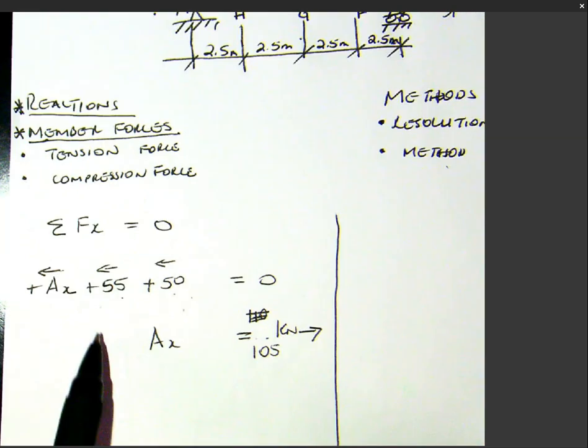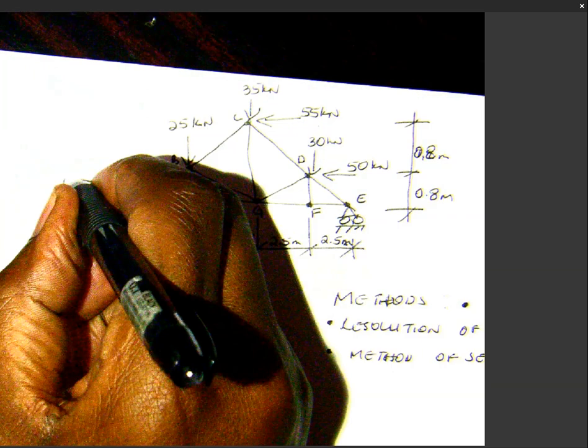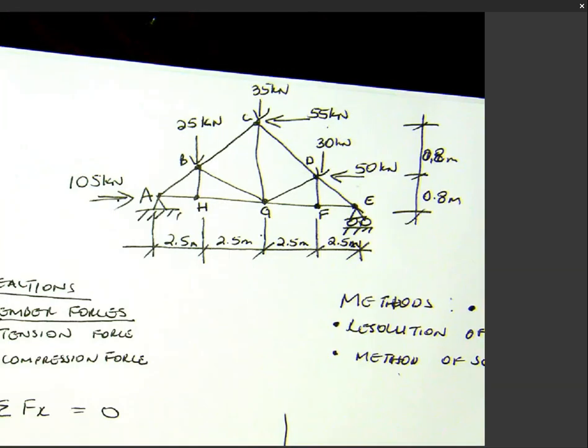It's telling you that the direction you assumed here is not right; the right direction is that one. So I've got my AX, which is 105 kilonewtons. That's my reaction there. I hope you're getting this right.